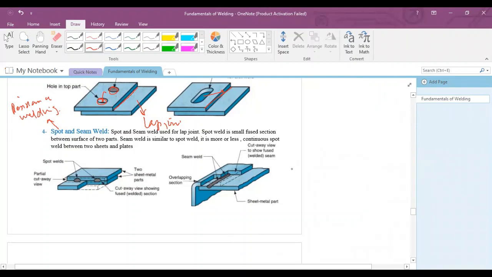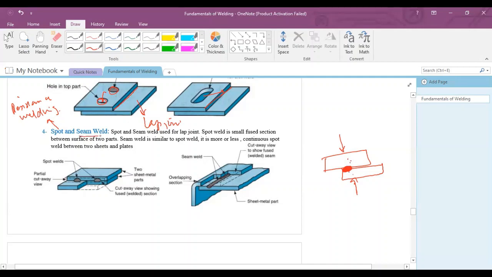If you have two plates like this and this, you will apply pressure from here and here, and a nugget will form, one spot or one small hole will form here, and these two parts will be joined. This is seam weld.